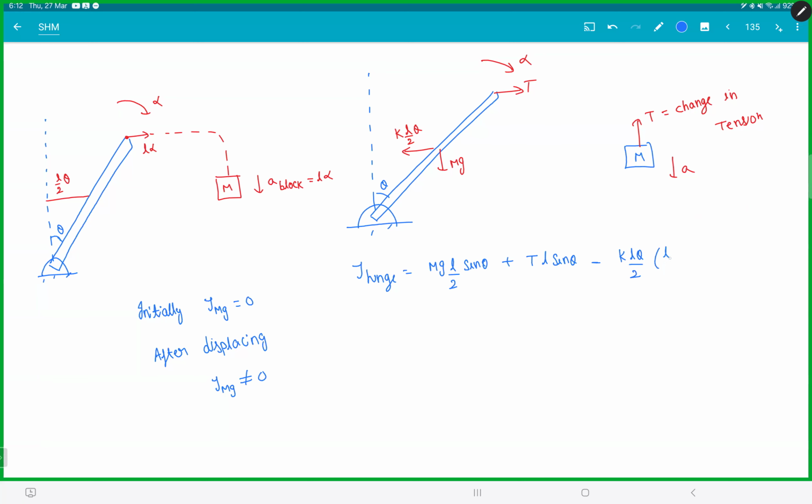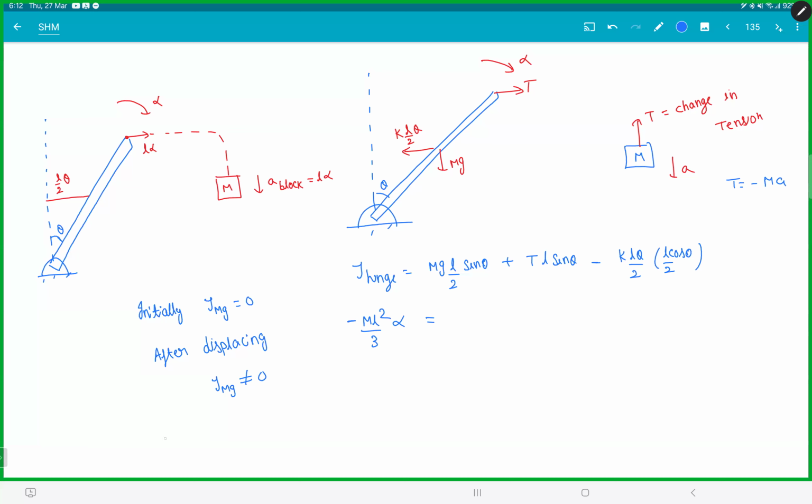The spring force into the perpendicular distance. There, this is your torque equation. So this is equal to minus ml square by 3 alpha.